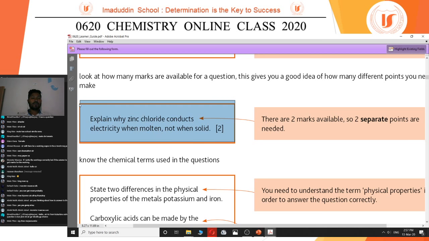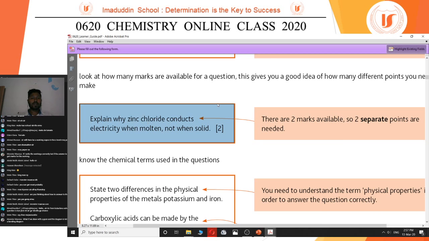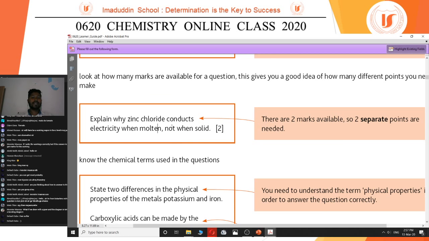So if you write only 1 point for a question that has 2 marks, you will get only 1 mark. So that means for this question, you have to explain why zinc chloride conducts electricity when molten, and also you have to explain why it does not conduct electricity when solid.